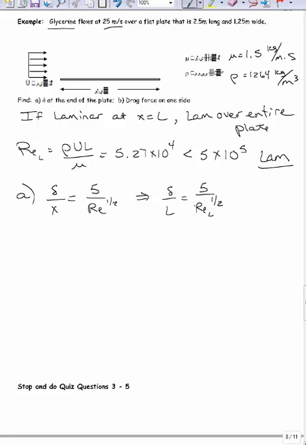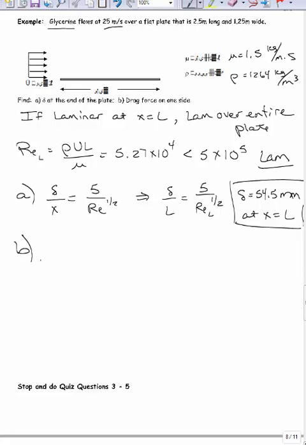And if we go ahead and just plug in, we're going to get delta equals 54.5 millimeters at x equals L. Okay, that's just solving this equation. All right, so there's part A.